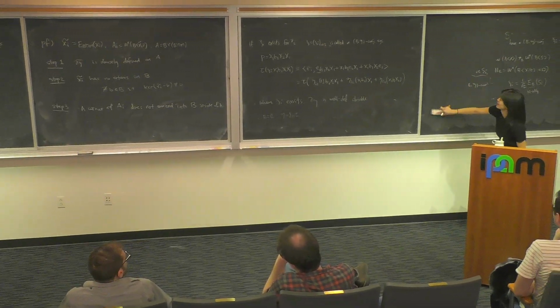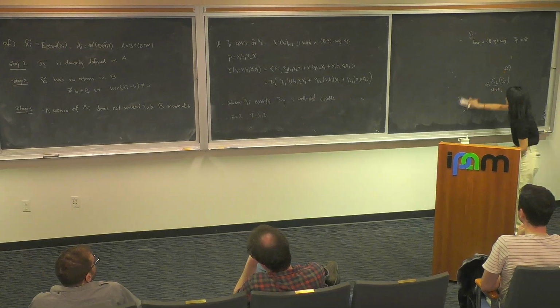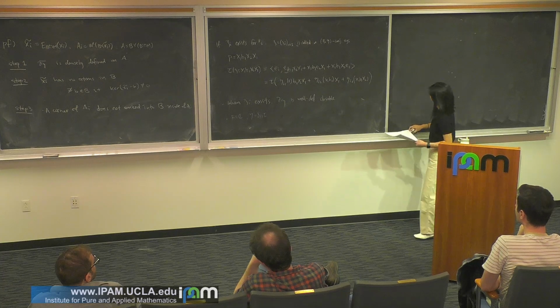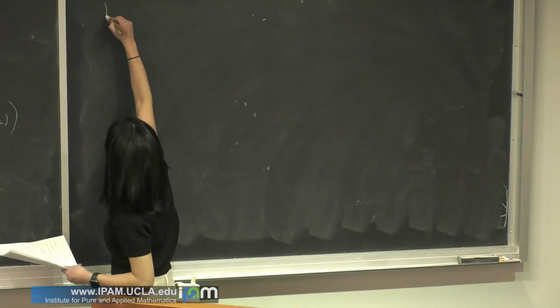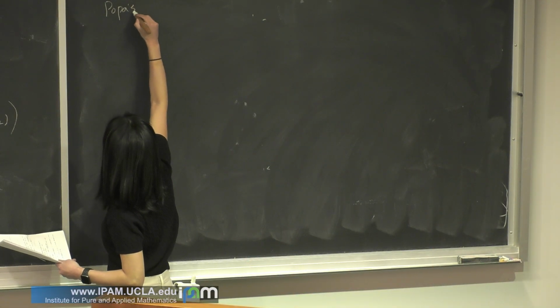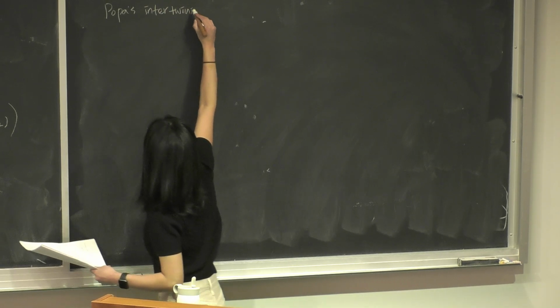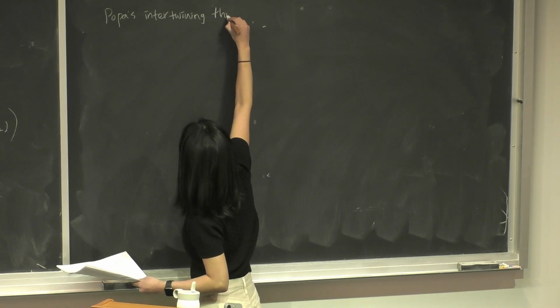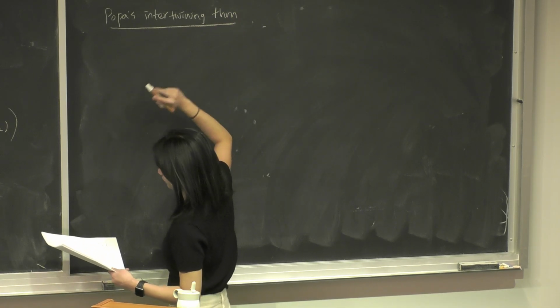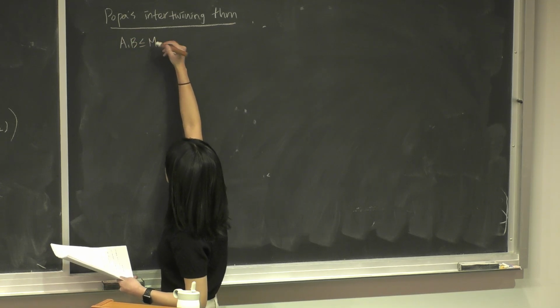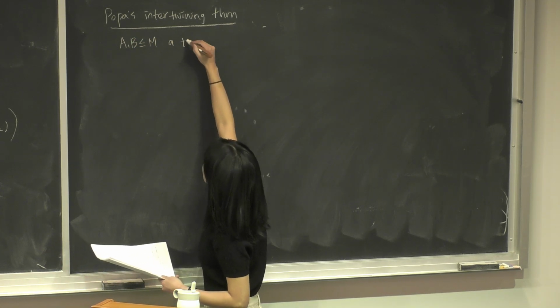So I'm going to write down what that is here. A, B inside of M, a trace von Neumann algebra.